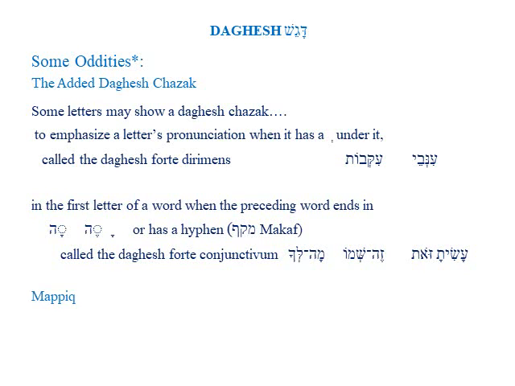Another example of where you will see an added Dagesh is in the first letter of a word when the preceding word ends in A with a H, or simply an A sound, or that it has a hyphen, or a makaf in Hebrew, that joins the two words. This Dagesh is called the Dagesh Forte Conjunctivum because it joins the two words.